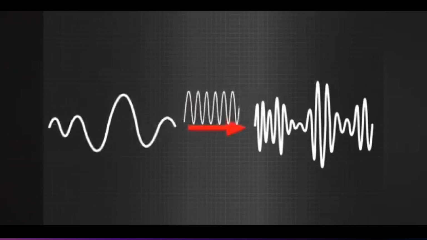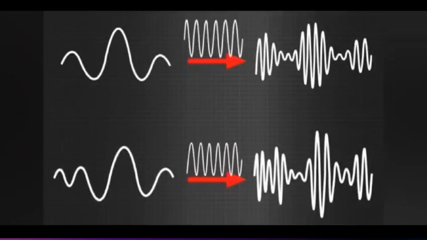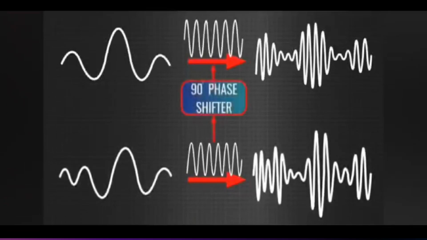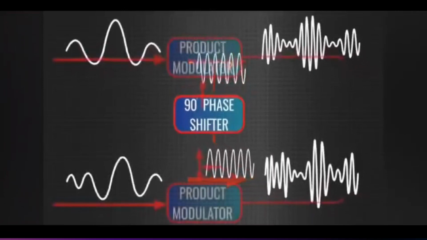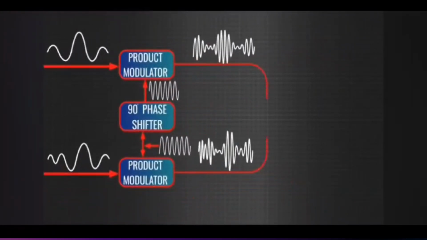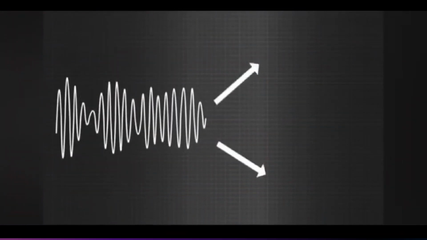The second signal is also amplitude modulated with a carrier wave of the same frequency and amplitude, but after giving the carrier signal a 90 degree phase shift. Now these two modulated signals are mixed together and form a single signal. We call it a multiplex signal. The interesting fact is, on the receiver side, we can easily separate out the original signals from the multiplex signal.